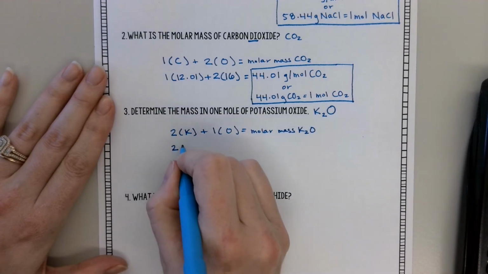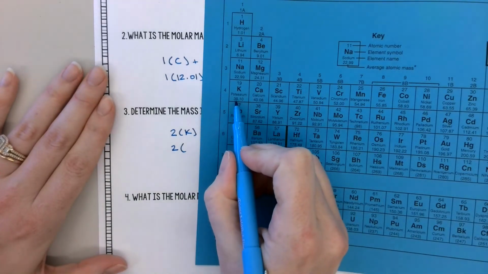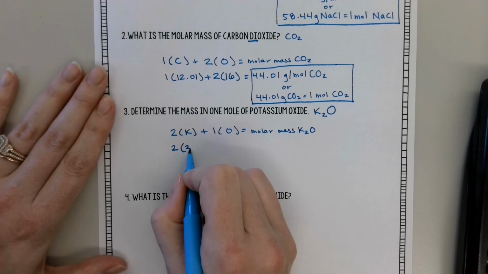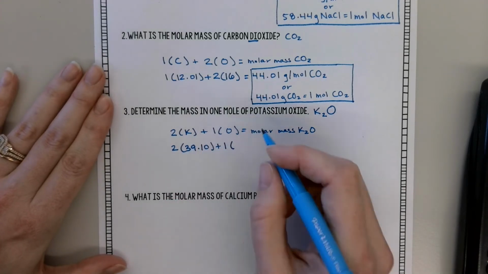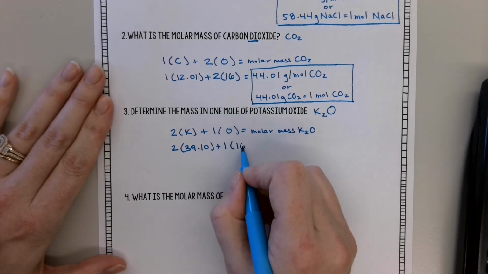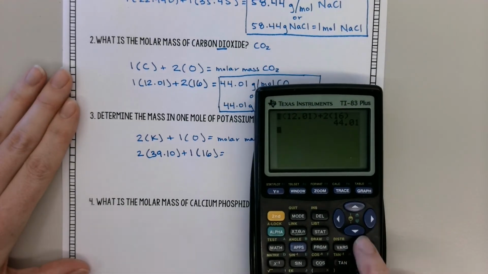All right, so the molar mass of potassium is 39.10, plus we have 1 oxygen. I'm going to use the same number from the problem above, 16. All right, we're going to do our math now.